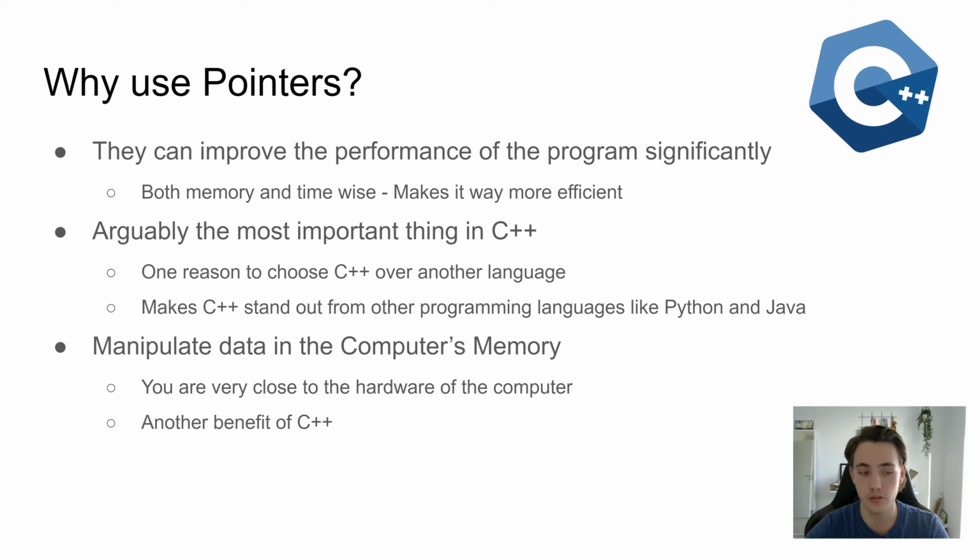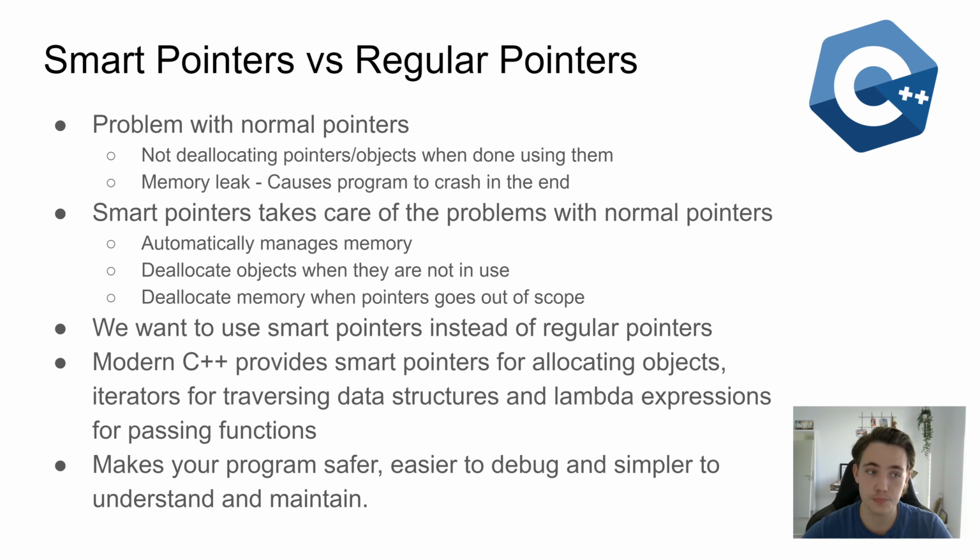As I talked about, we can manipulate the data in the computer's memory. We're really close to the hardware of the computer, and it's another benefit of C++. Those are the main reasons why we use pointers in C++.